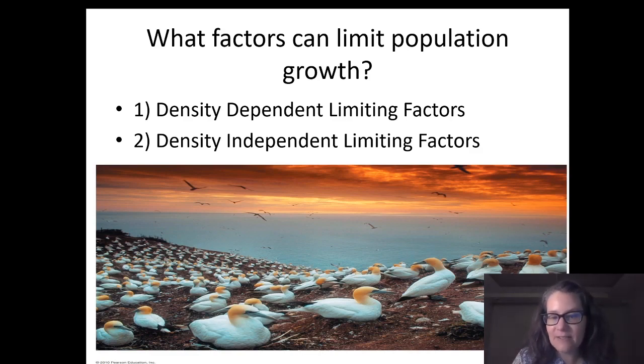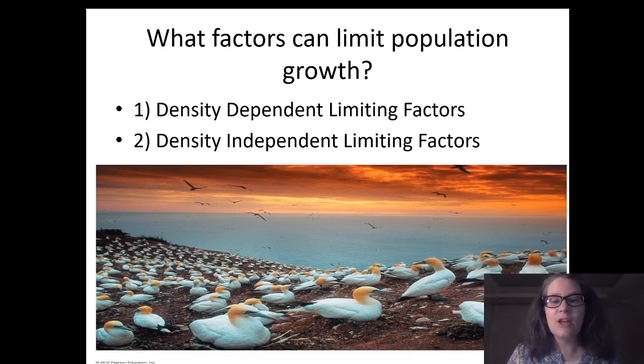Density dependent limiting factors, the difference is that these become more and more intensified as your population becomes more and more dense. So as your population grows larger, these are kinds of resources that are going to become more and more in demand or more and more limited in supply as your population grows.